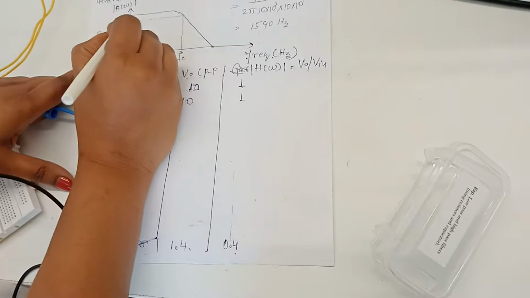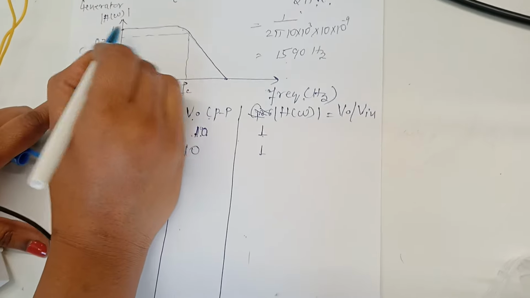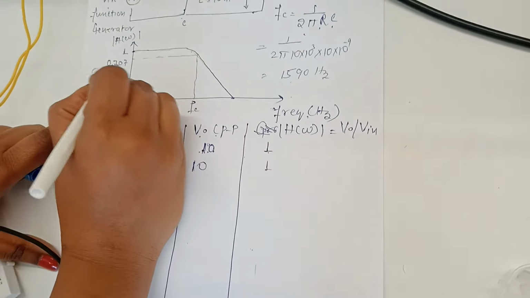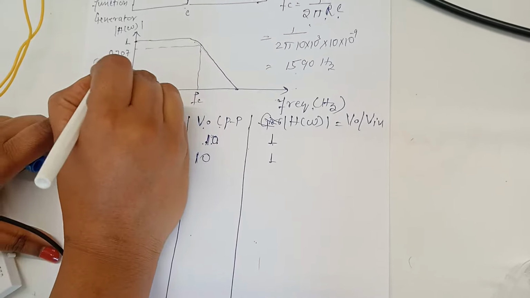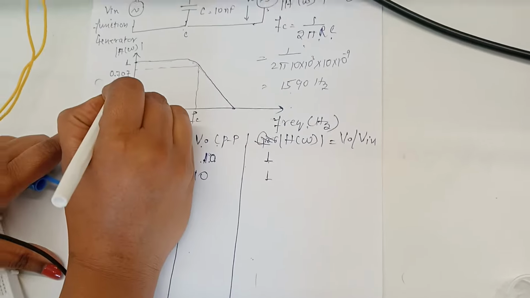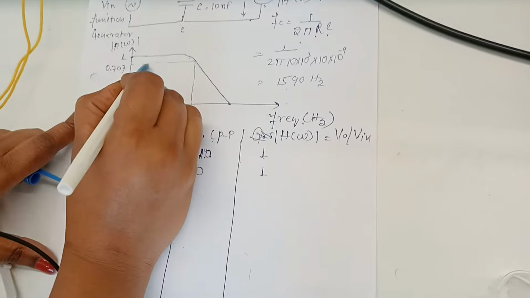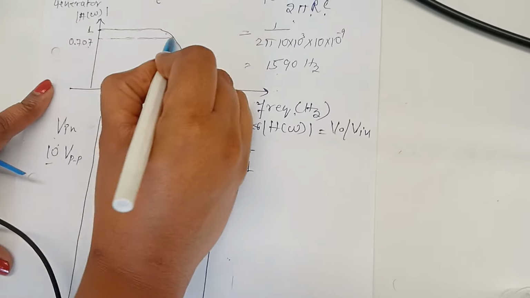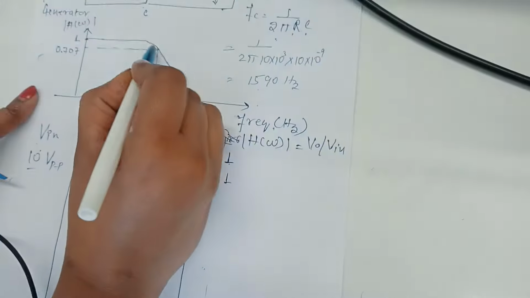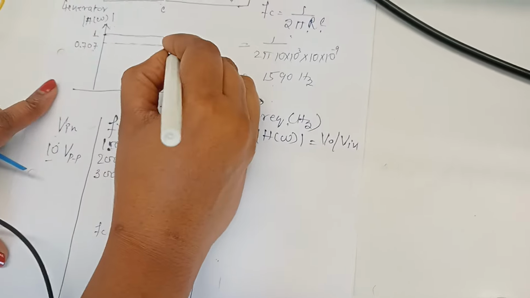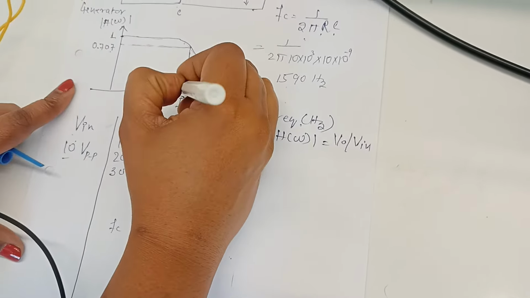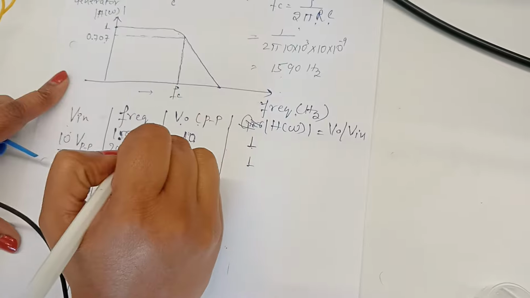And what you do is, this was one, and you just find out the point at which the value of H omega magnitude is 0.707, and you draw a straight horizontal line till it meets the graph, and here you will draw a vertical line which meets the x-axis.